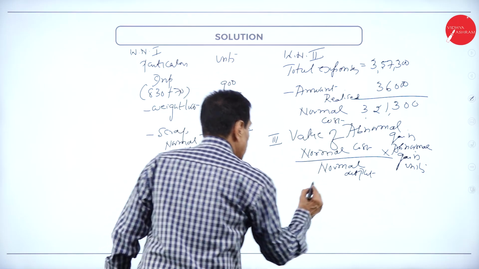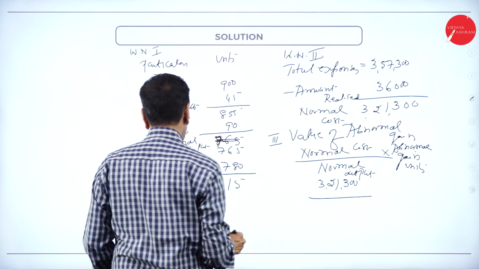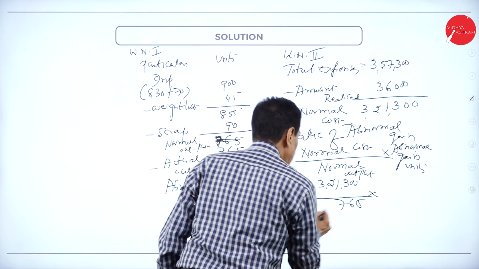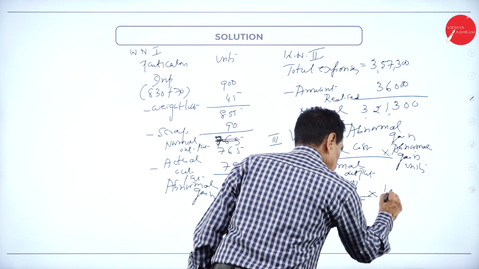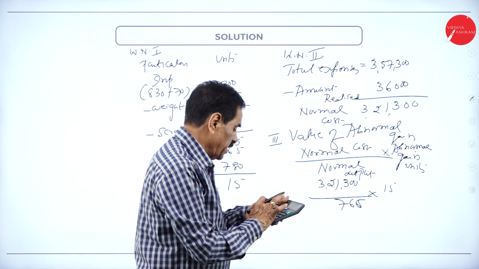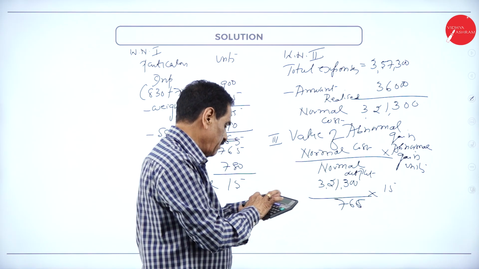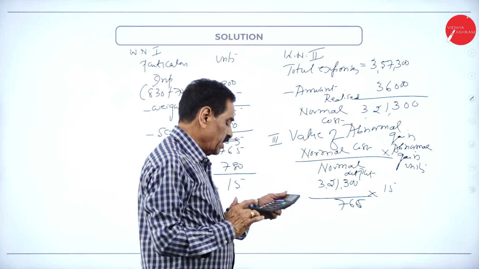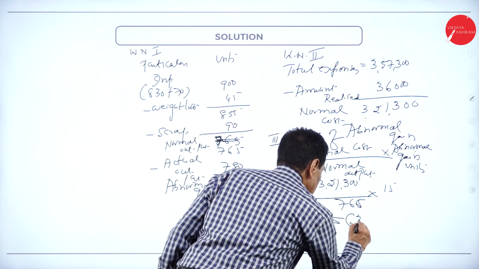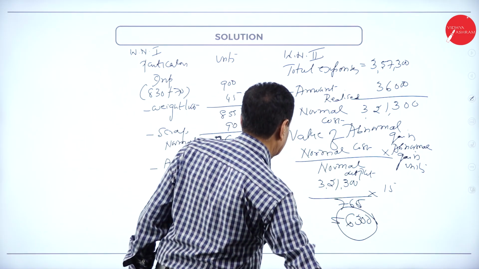What's your normal cost? 3,21,300. What's your normal output? 765 into 15. So 3,21,300 into 15 divided by 765. It works out 6,300 abnormal gain.